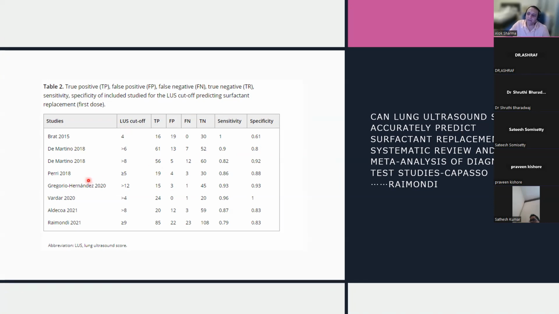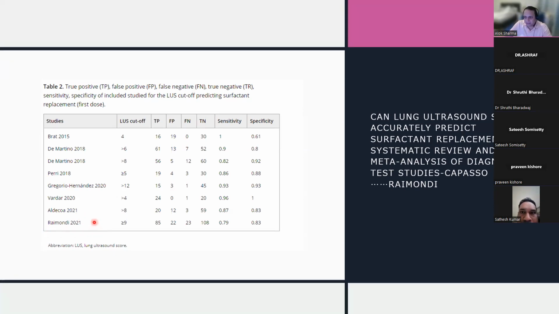This was followed by further work by Gregorio Hernandez, basically again using, I would say, anterior and posterior zones, and then Raimondi's work in 2021. Now, these were all single center. Raimondi's work is very important because it was a multi-center trial.